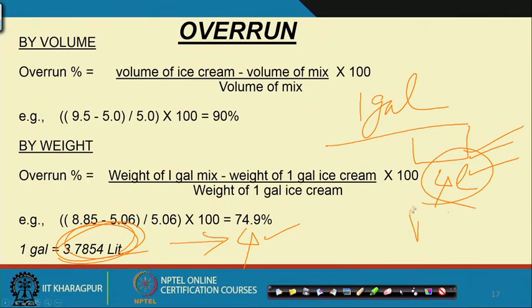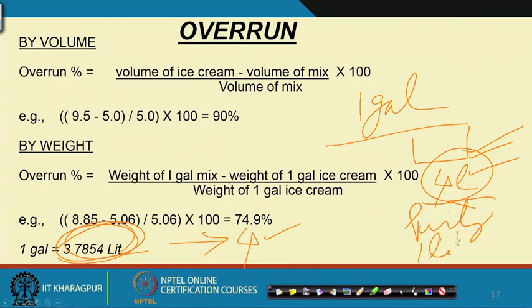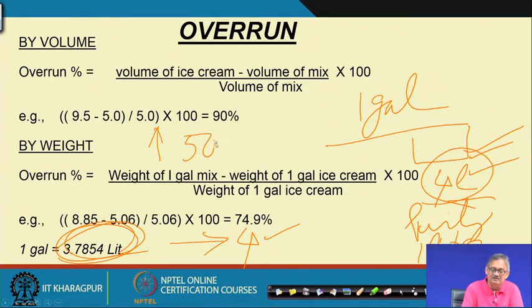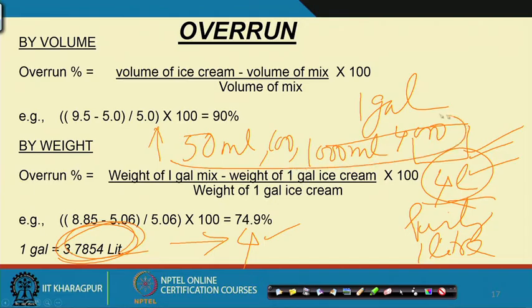If it is a party pack, then it is a 1 liter pack. So, generally they have these volumes, your lollies, that is different, then 50 ml, then 100 ml, then 1000 ml, then 4000 ml. These are generally the 4 types of volumes that are used, right.